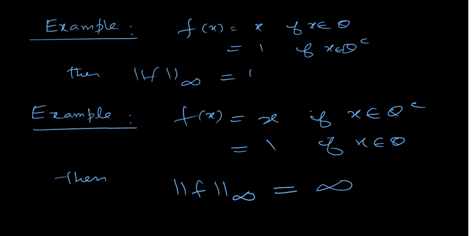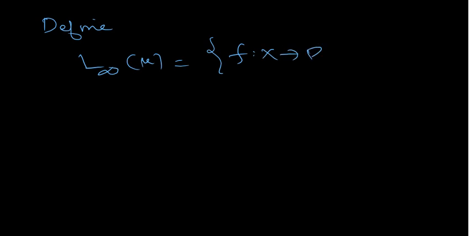Just like you defined L^p, the p-th power integrable functions, now we define the class L infinity mu: those functions from X to R, obviously measurable, such that f is measurable and essentially bounded.